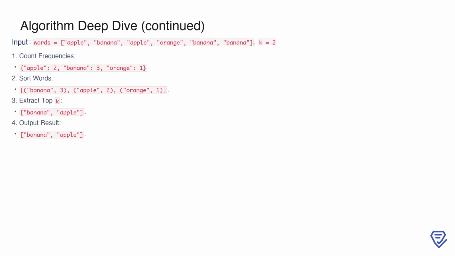From this list, we extract the top k words, which are banana and apple. Finally, we return the result as banana, apple. This example demonstrates how each step of the algorithm works in practice, from frequency counting to sorting to selecting the top k words. By following this structured process, we can reliably solve the problem for any valid input.